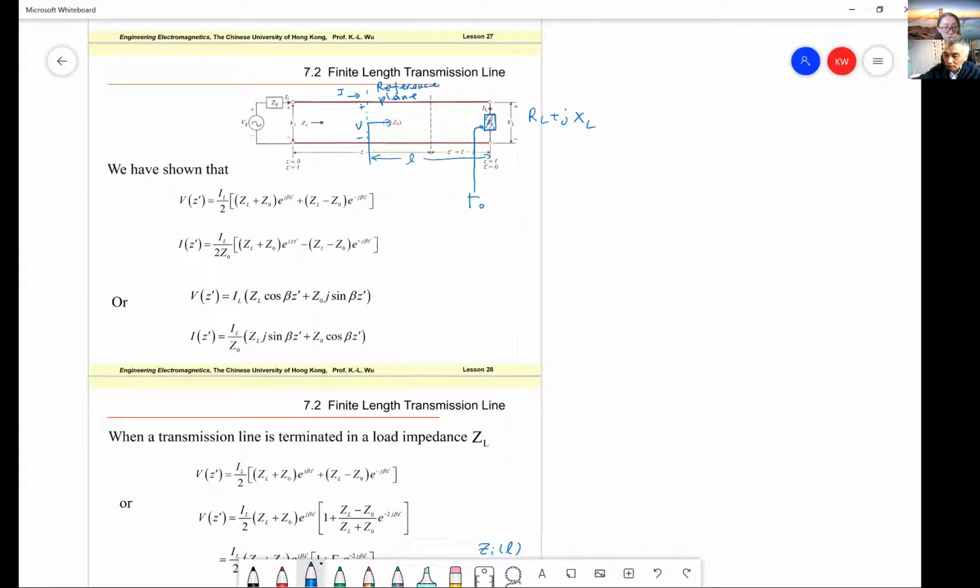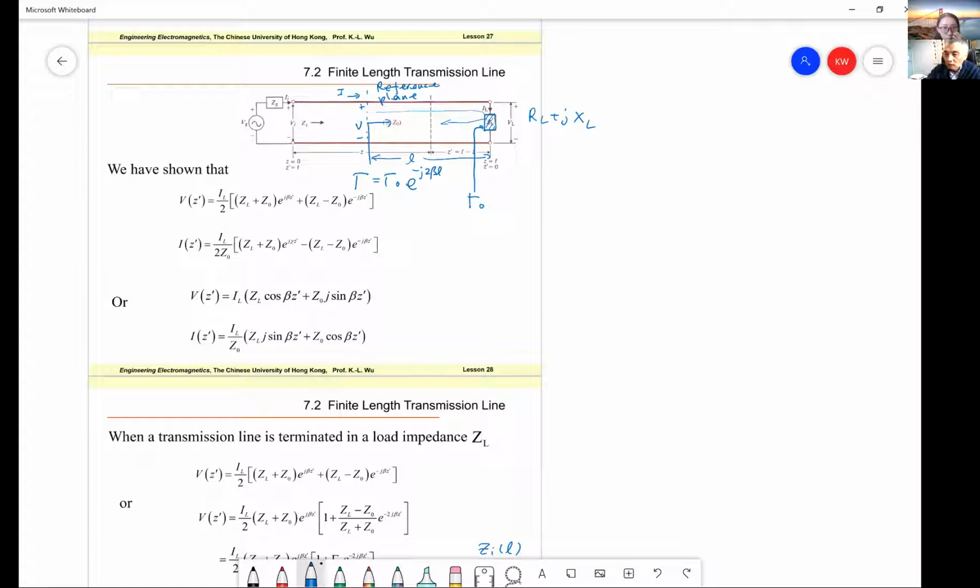Then gamma equals gamma 0 times a factor with 2L. Why 2L? Because it is a round trip. The signal goes from here to here, then has a reflection, so the wave travels 2L distance. That creates a phase difference.